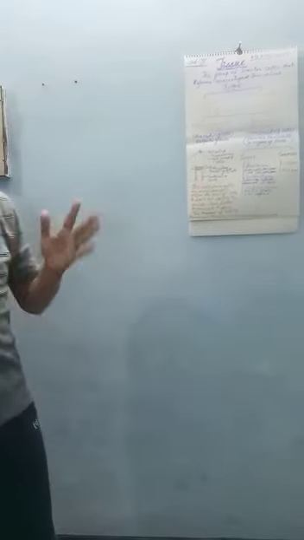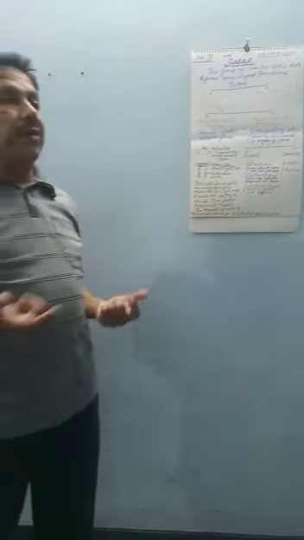One thing that I like to clarify, that is the differentiation. What is the meaning of the differentiation here? The process of taking permanent structure. Which tissue take the permanent structure? That is the meristematic tissue.